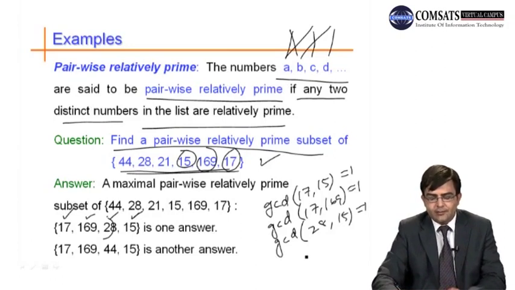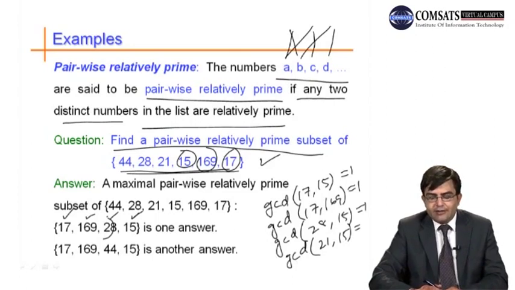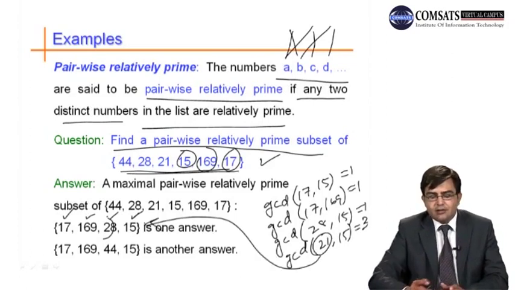Now in this set we have not written 21. Why? Because if we take the GCD of 21 and 15, what is the GCD? There are common factors which divide both 21 and 15, for example, 3. 3 is the greatest common divisor which divides 21 and 15, so we cannot write 21 in this set because 21 is not relatively prime with 15.